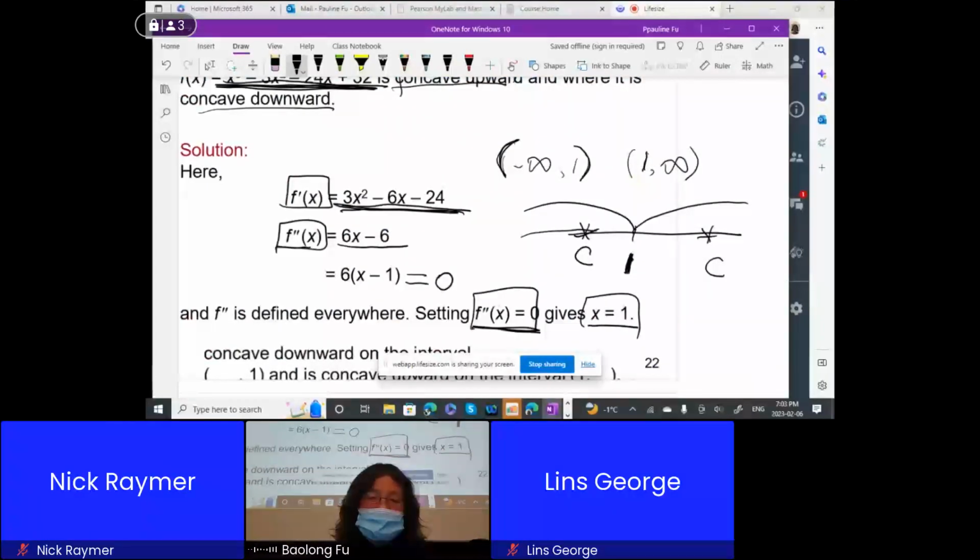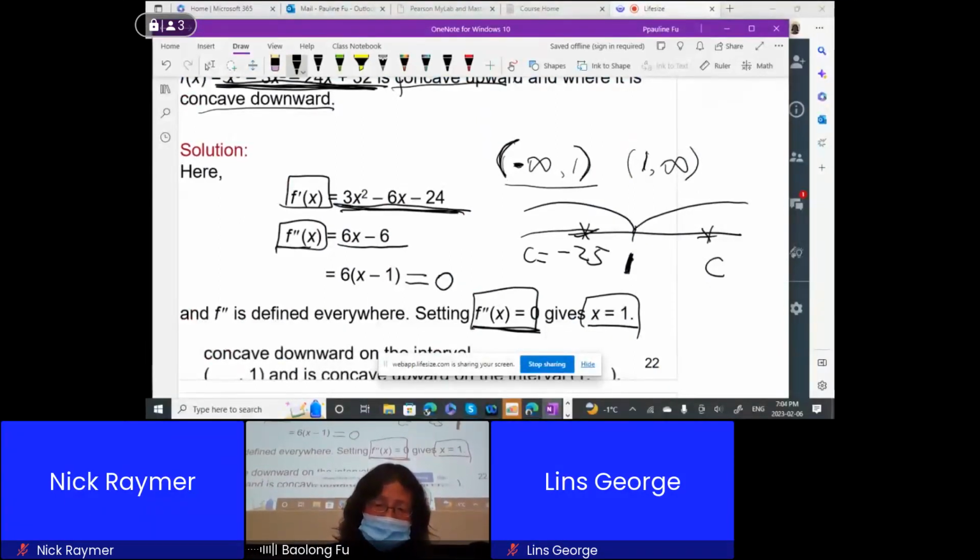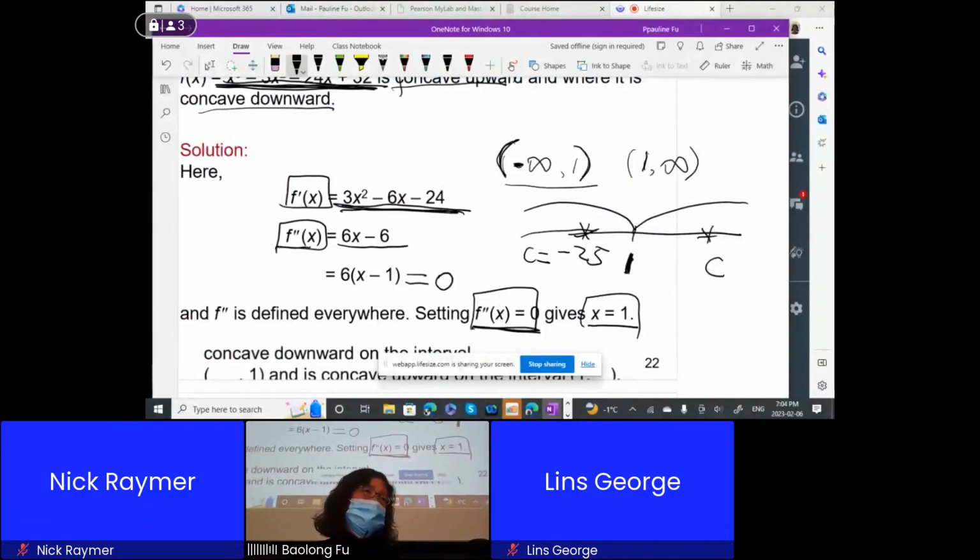So, can somebody help us pick a number belonging to negative infinity to 1? Anyone? Please pick a number between negative infinity and 1. Negative 24. Thank you so much. So this is my C. If you pick negative 25 or whatever negative number, this is my C. Okay?